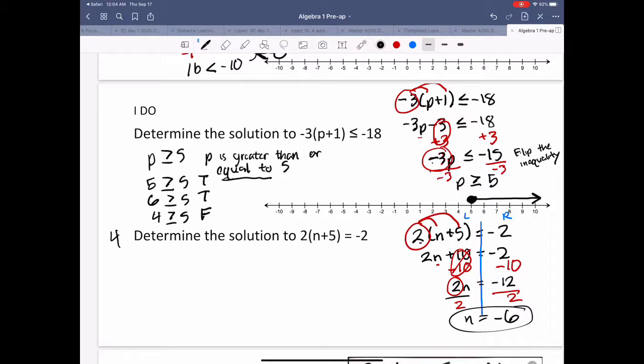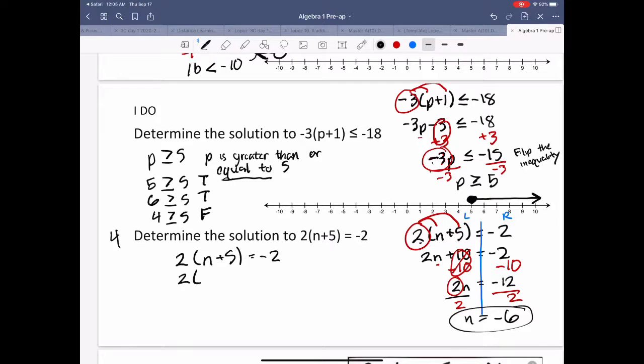If you ever need to check your work, you can take the solution you found and substitute it back into the problem to show that it works. So for example, 2 times the quantity n plus 5 is equal to negative 2. I'm going to substitute negative 6 into n.